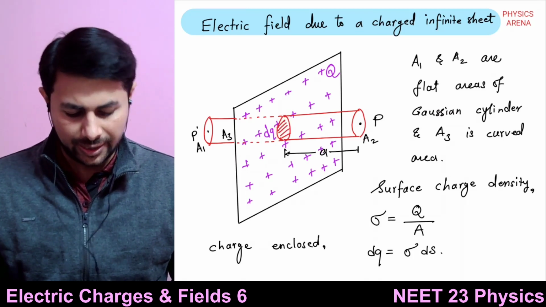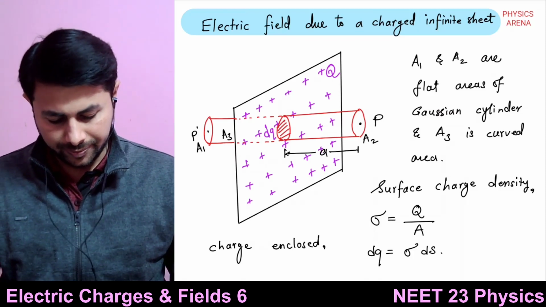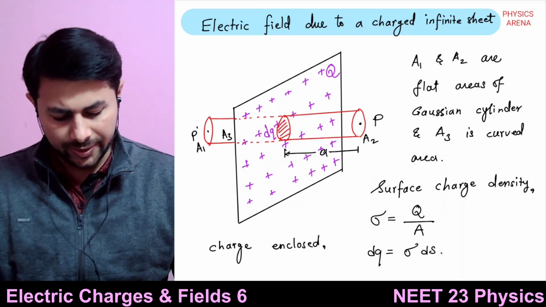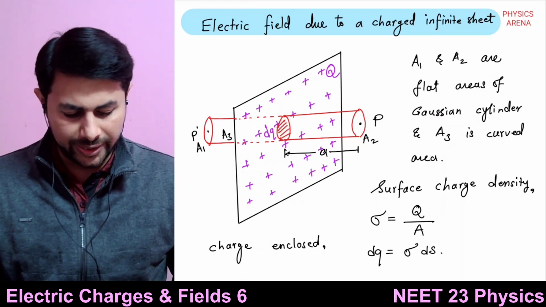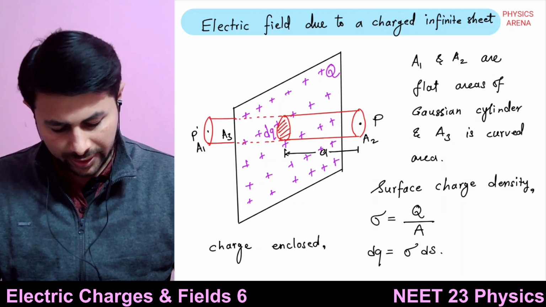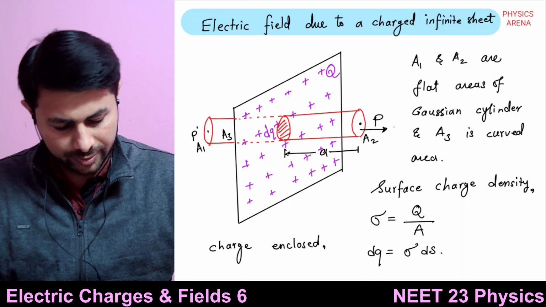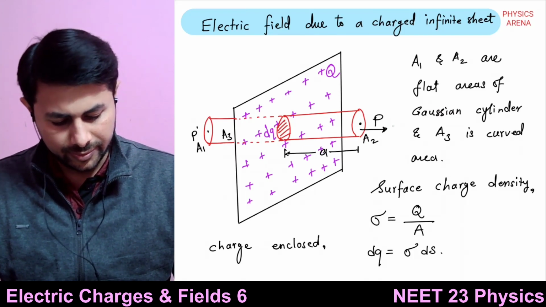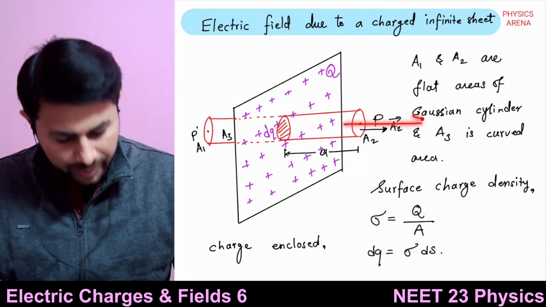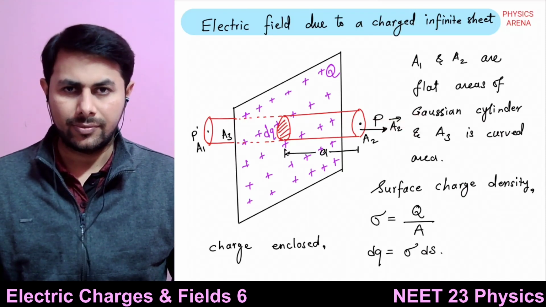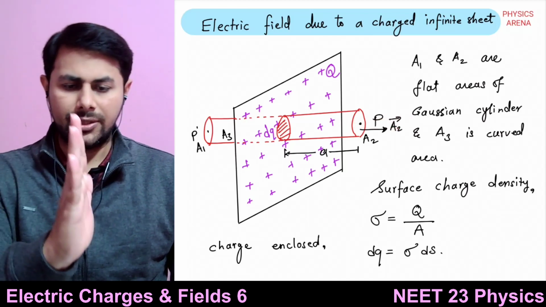Then area A1 and area A2 are each equal to this area, ds. What about the area vector? The area vector here will be directed like this, this is A2 bar, and the electric field is also directed like this, perpendicular to the plane of the sheet.